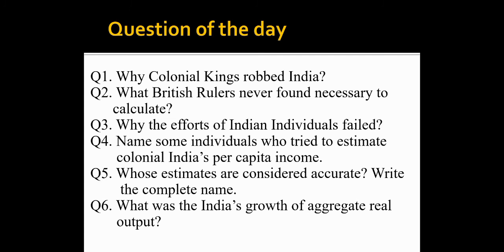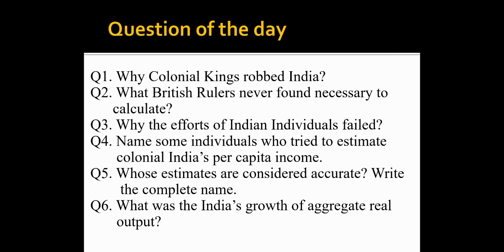Fourth question: name some individuals who tried to estimate colonial India's per capita income. Colonial India means under the control of colonial rule, yet they still tried to calculate India's income.